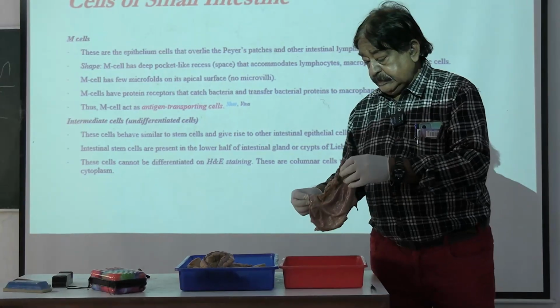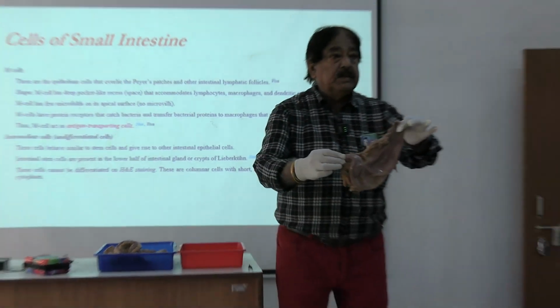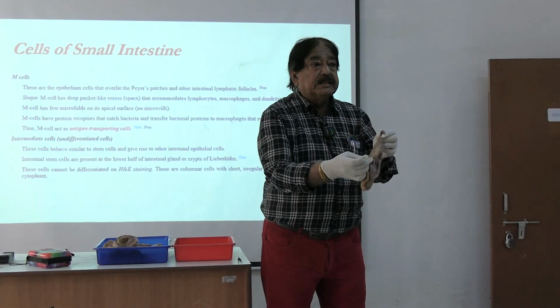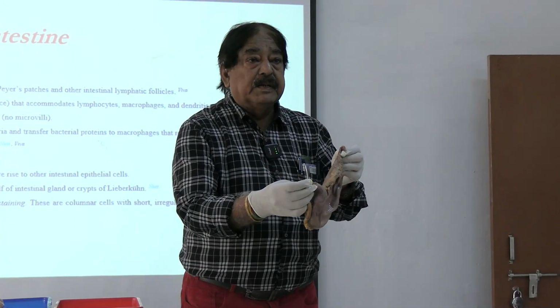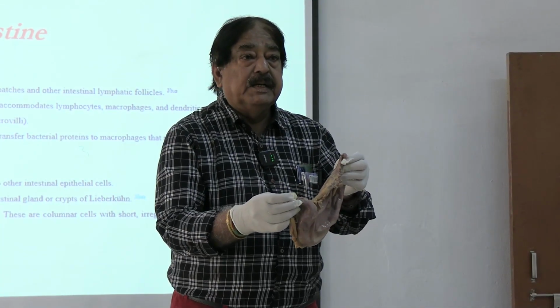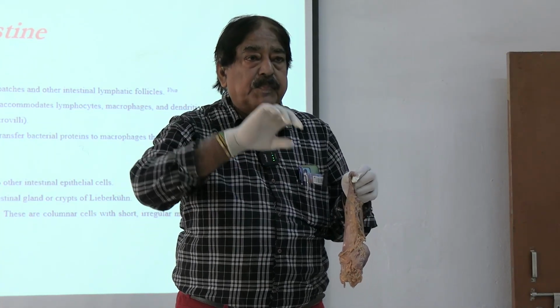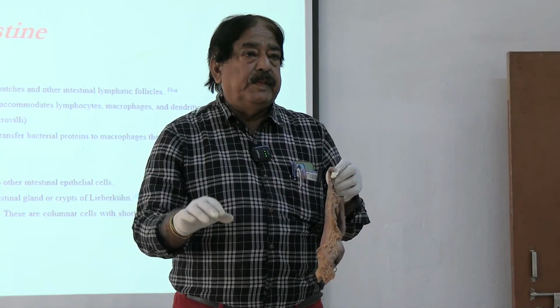Now, this is the stomach. This is the cardiac end. This is the pylorus. It is more muscular and quite hard because it contracts like this to pass the food.